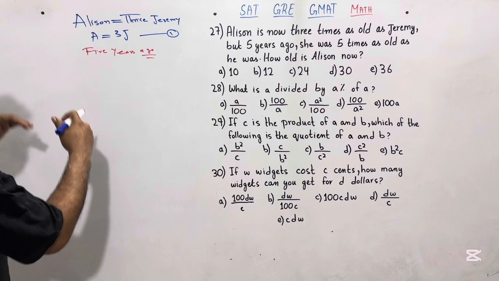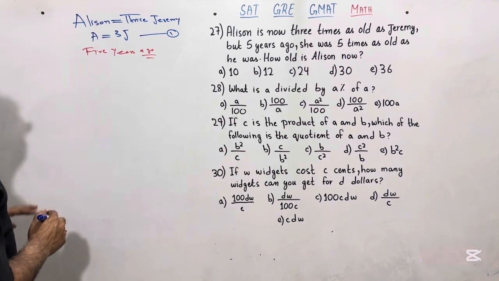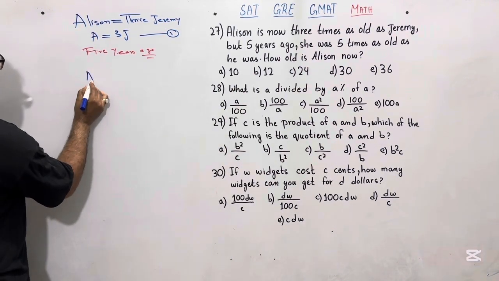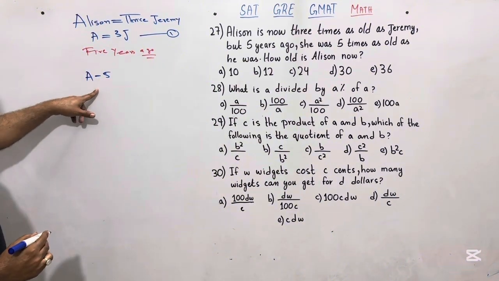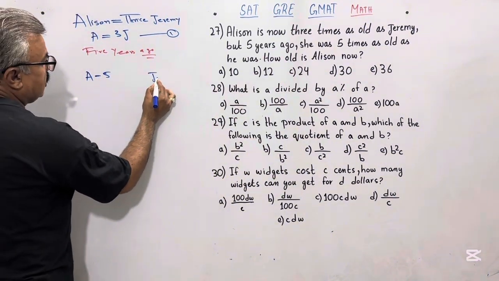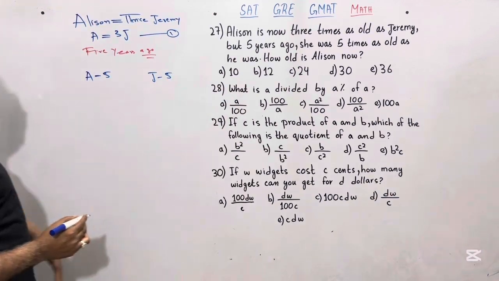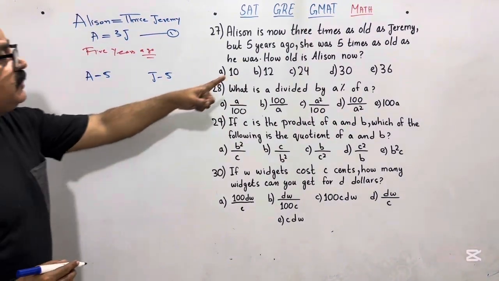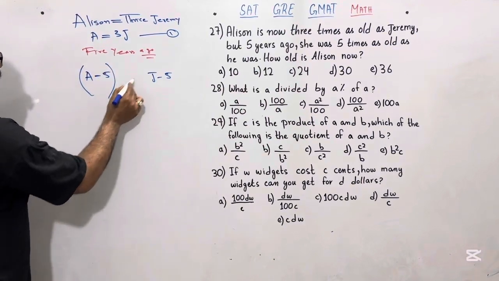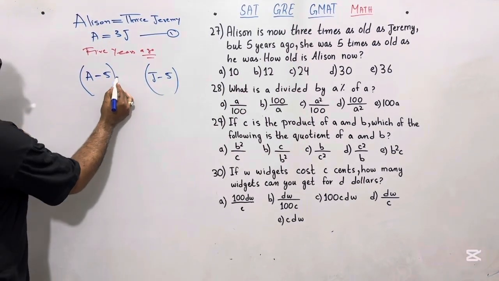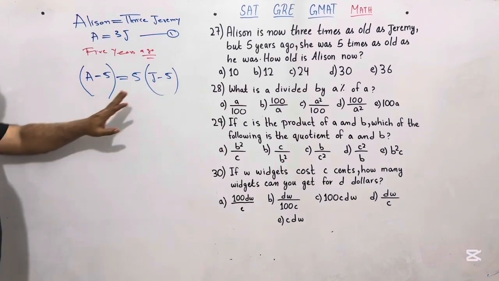Simply we write A minus 5. Alison was 5 years younger 5 years ago. Similarly, Jeremy was 5 years younger 5 years ago. Alison was 5 times as old as Jeremy.